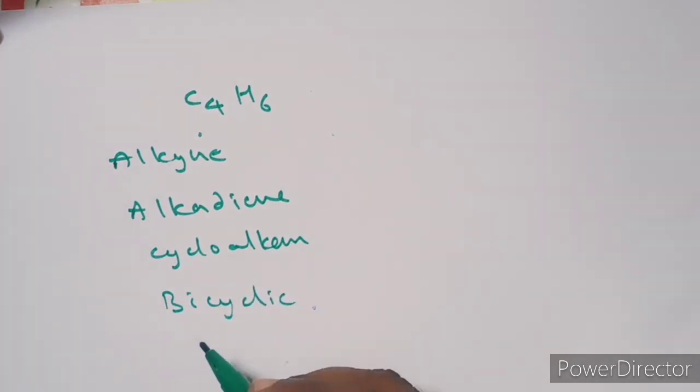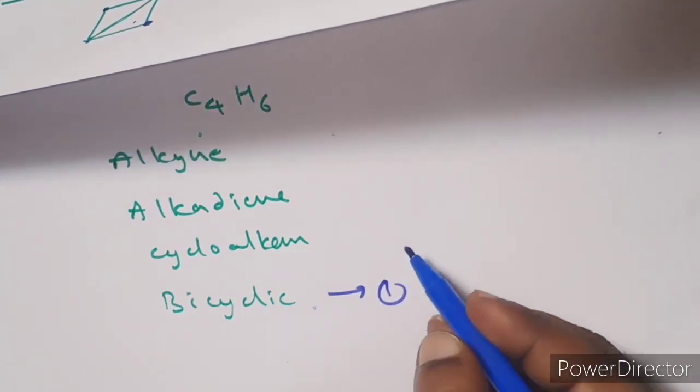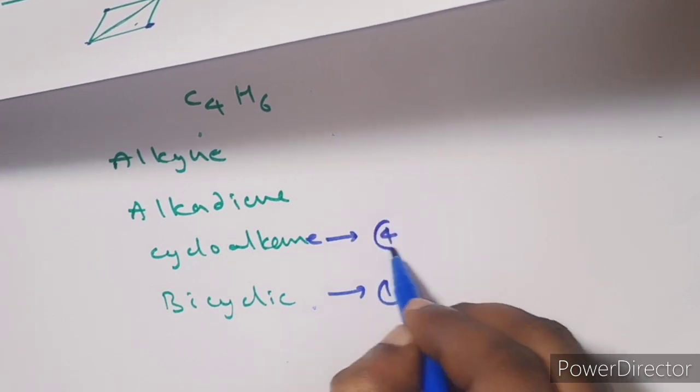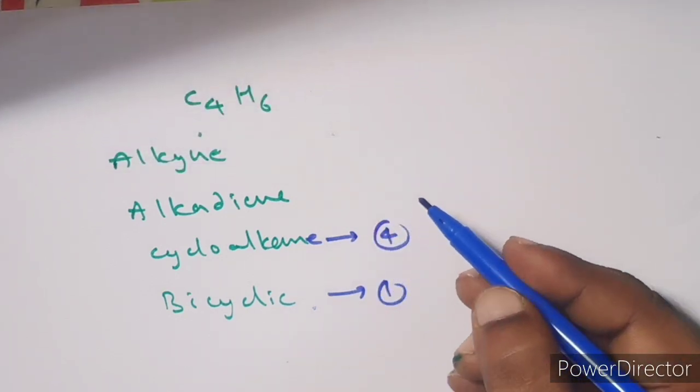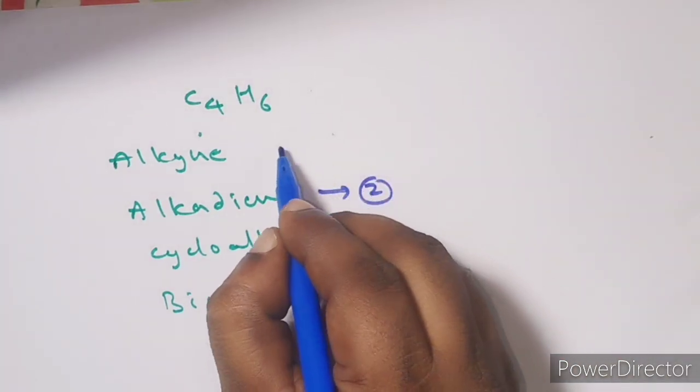Let's see how many we can write here. The number of bicyclic compounds we already discussed is equal to 1, and cycloalkenes, how many did we write here? 4. And alkadienes, the number is 2, and the number of possible alkynes is 2.